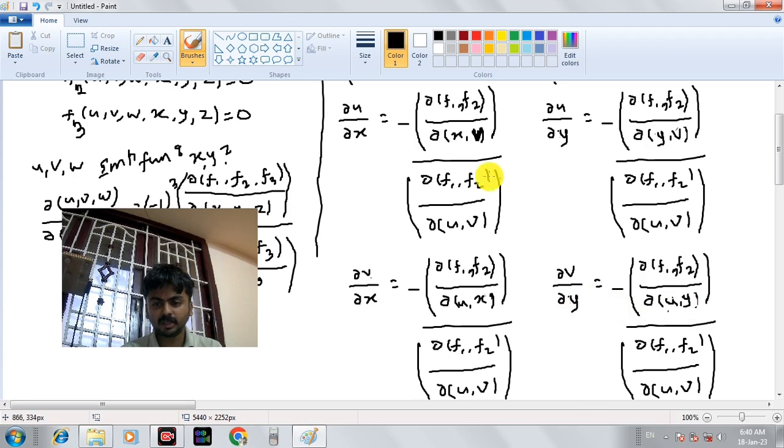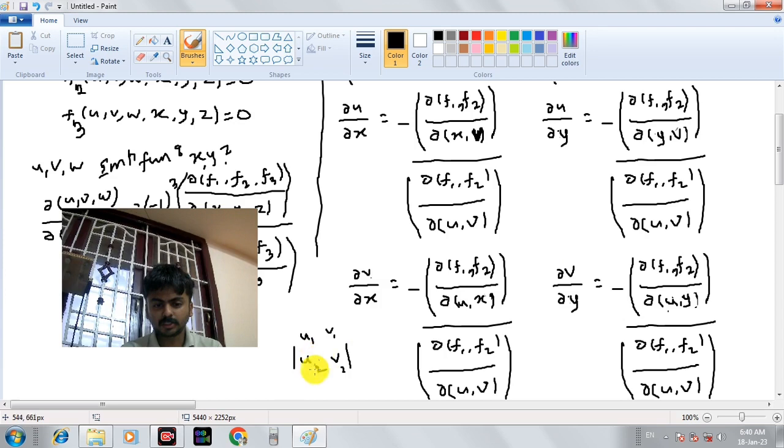Why we are writing like this: always in a determinant, u should come first and v should come next. u1 v1, u2 v2. Like this you have to think.